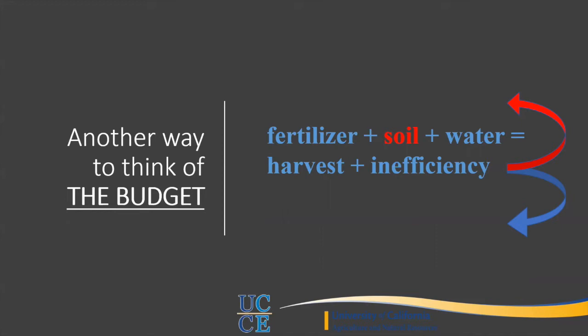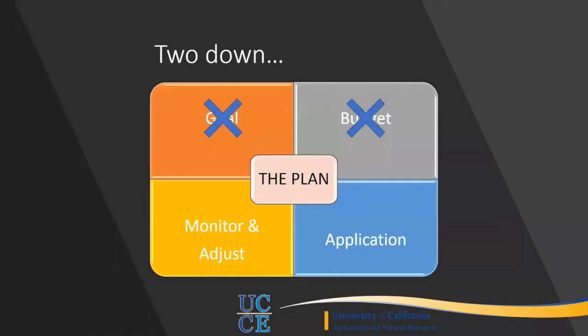What's most important about inefficiencies is that we understand them, what causes it, and how to manage it. I'm going to return to nutrient budget later in the presentation when we go into more detail in the example of putting together a nutrient budget. Now we'll move on to the application component of a nutrient management plan.